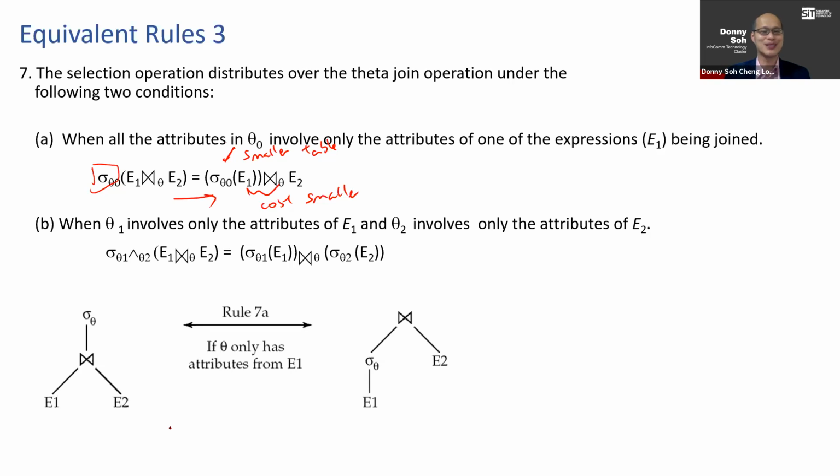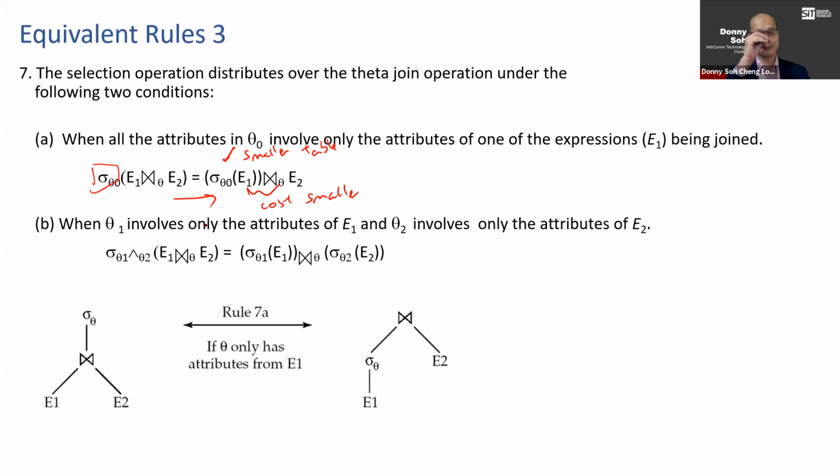So that's the typical heuristic. If possible, push your selection in. If possible, push your projection in as well. So in this case, if theta naught contains only attributes of one of my expressions, I can push it in.